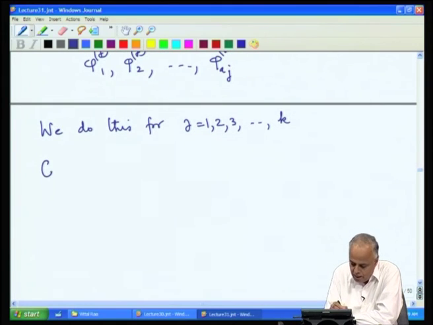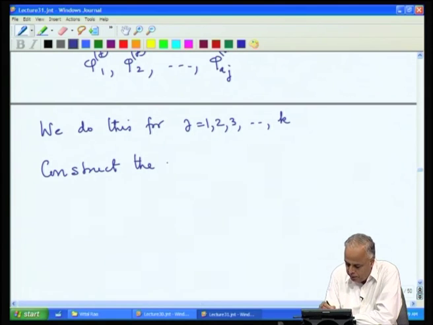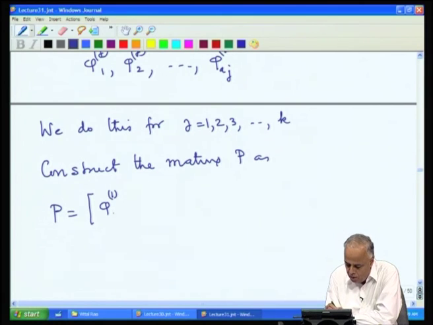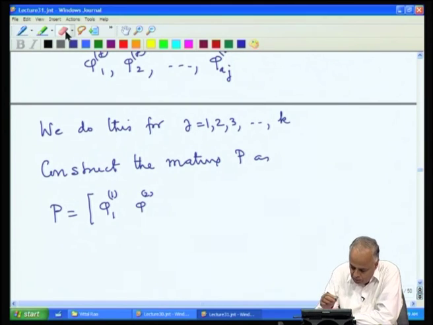Then construct the matrix P as follows: first you write all the eigenvectors corresponding to the eigenvalue lambda 1.